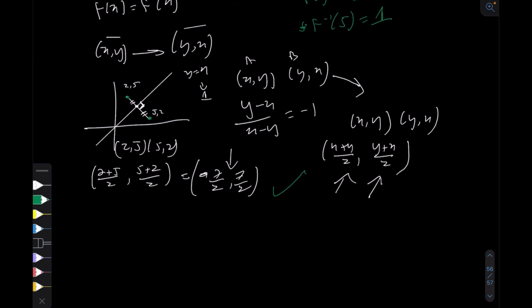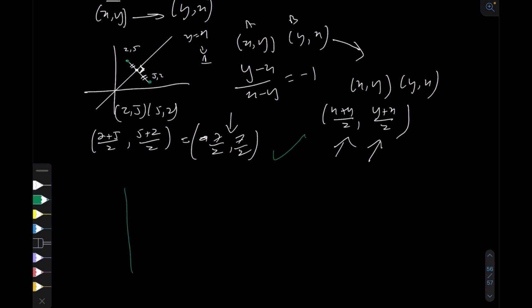And of course, if they are a reflection, let's say I have some curve like this, and this is y equals x. What reflection basically means is that you take this point, whatever this distance is, put it over here, and repeat. So when I'm drawing my inverse, it will look something like this.